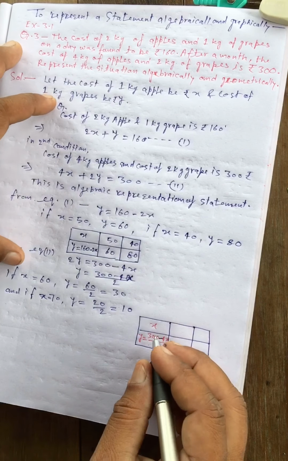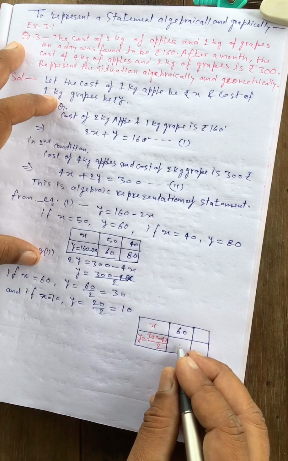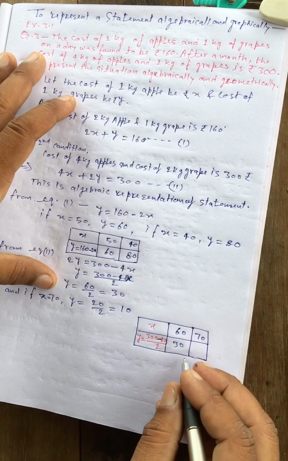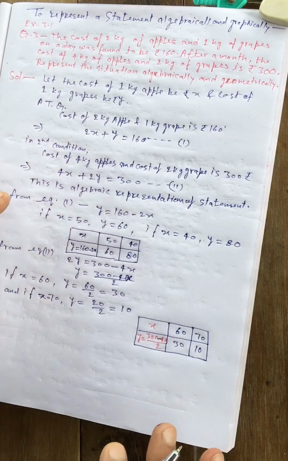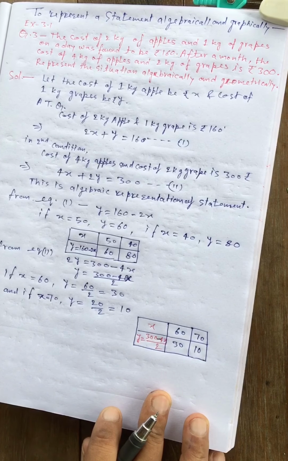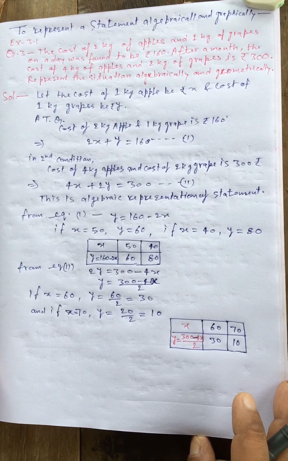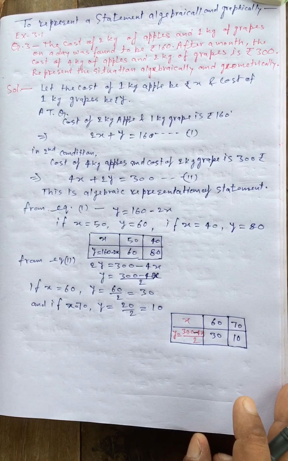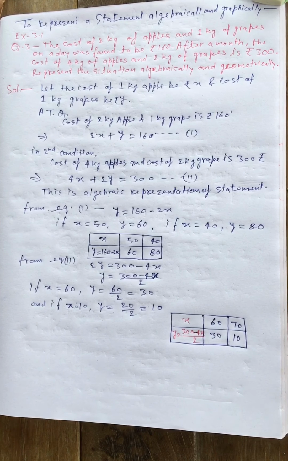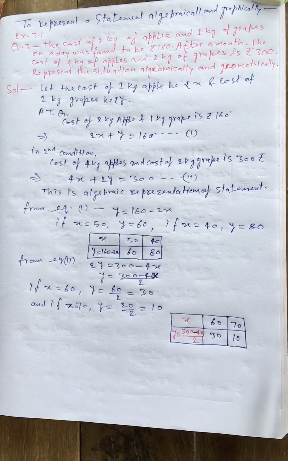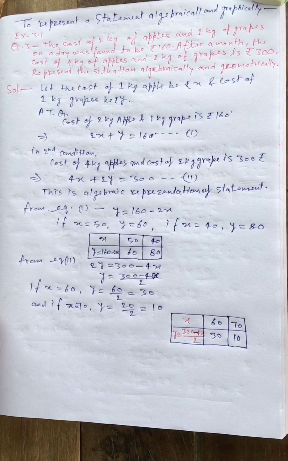The values are: for x equal to 60, y is equal to 30, and for x equal to 70, y is equal to 10. Now we have chosen two values for each equation. We can recall from class 9 that you can choose many other points, so your chosen 2 points can be different from mine. You can choose any 2 points of your choice.